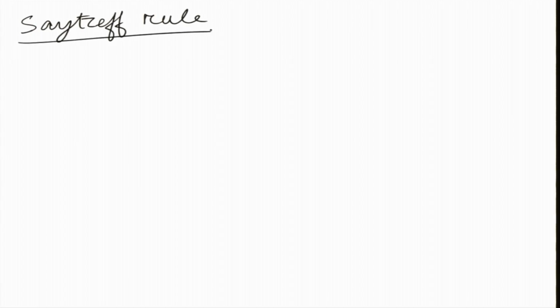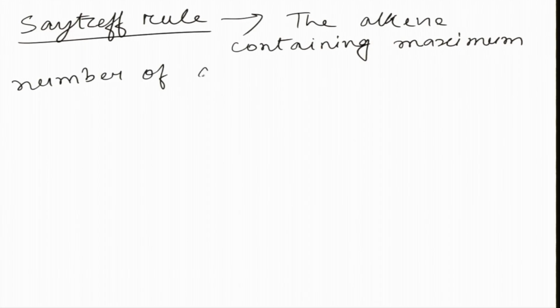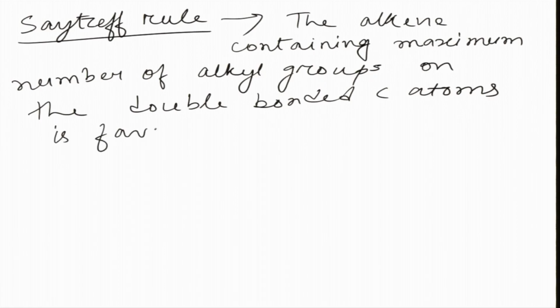Okay. What does the Saytzeff rule say? The Saytzeff rule says that the alkene containing the maximum number of alkyl groups on the double bonded carbon atoms is favored.